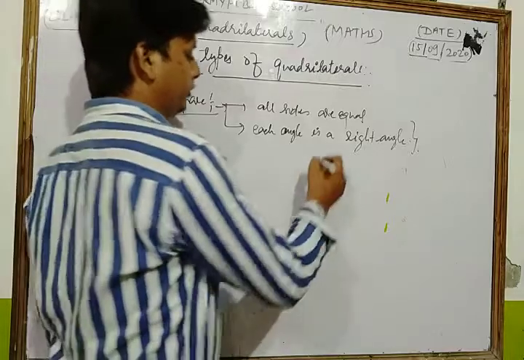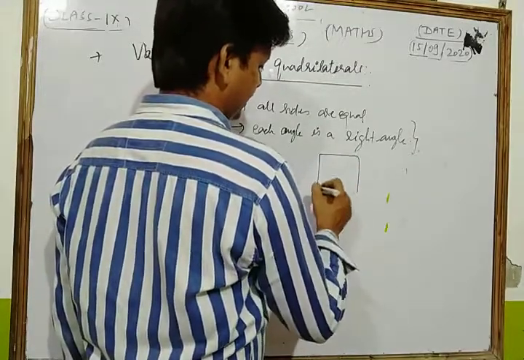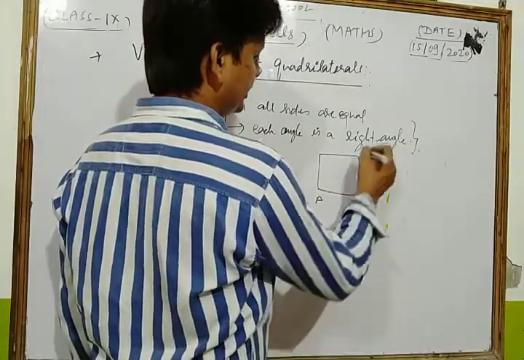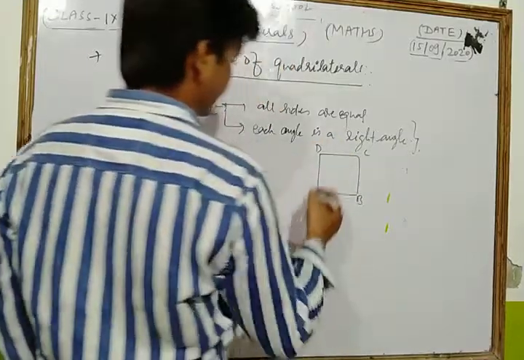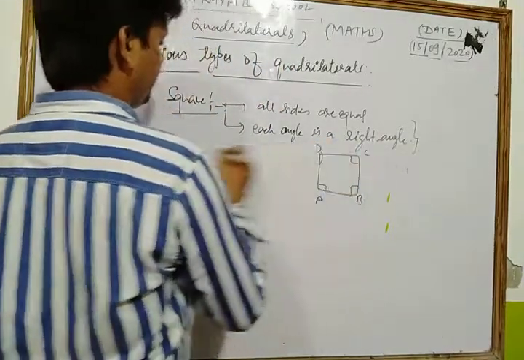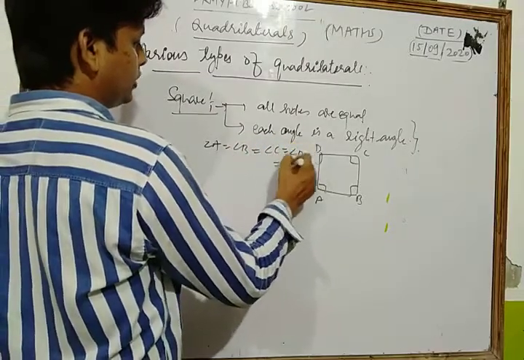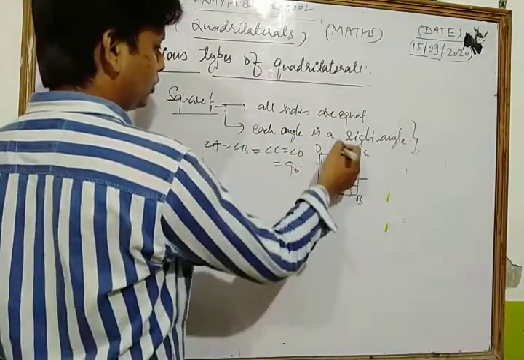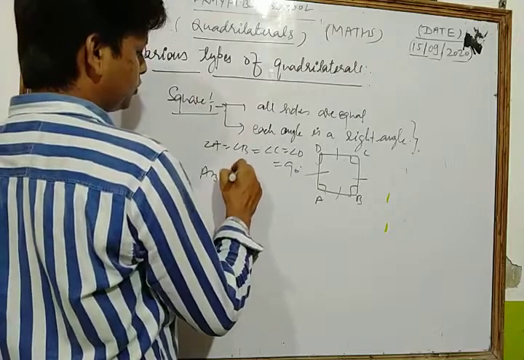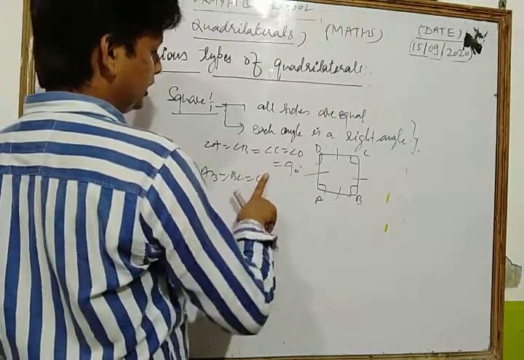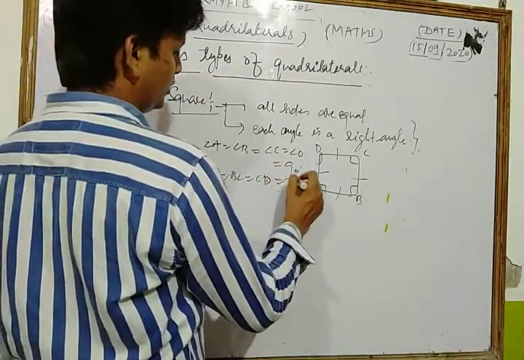Okay, let's see from the figure. If ABCD is a square, then angle A is equal to angle B is equal to angle C is equal to angle D, each equal to 90 degrees, and also all sides are equal, means AB is equal to BC is equal to CD is equal to DA.